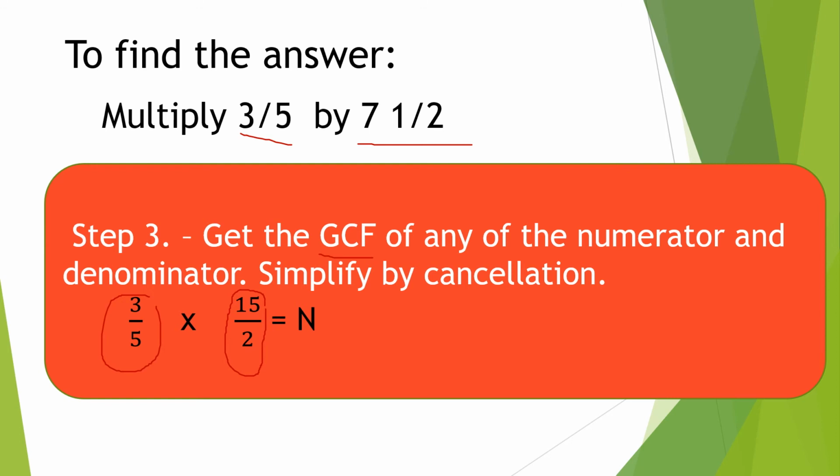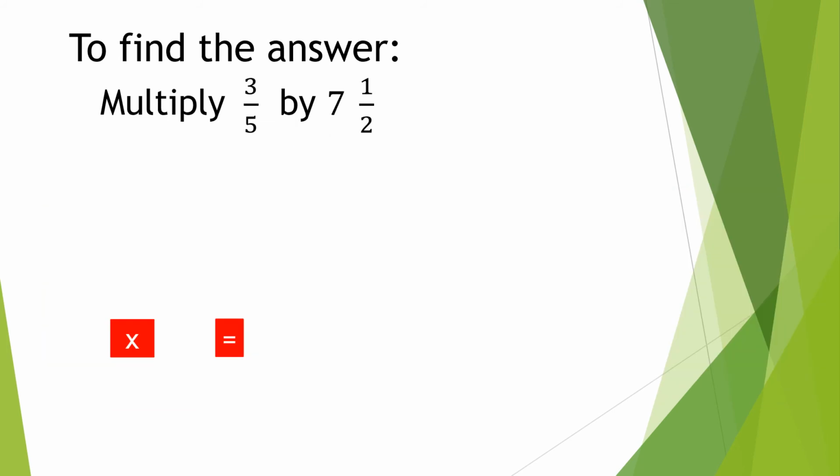So we will do the cancellation. The GCF of 15 and 5 is 5. So we can divide 5 by 5 is equal to 1, and 15 divided by 5 is equal to 3. So therefore, it is 3/1 times 3 halves equals n.